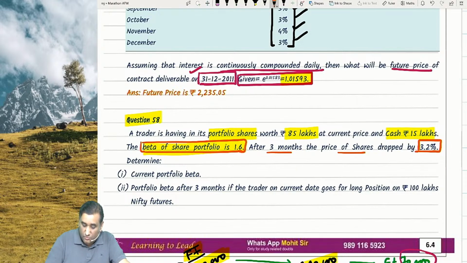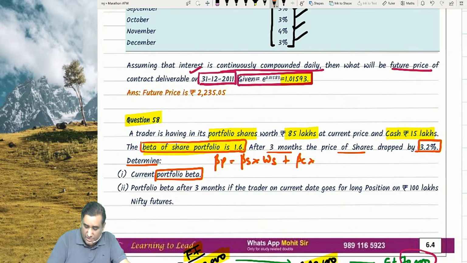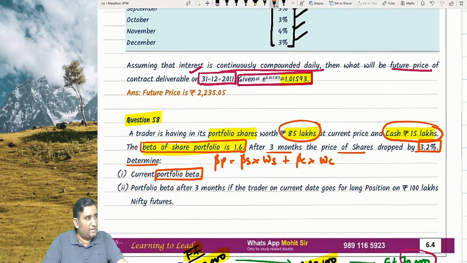Determine the current portfolio beta. It is a beta of the portfolio of shares and cash. The value of shares would be 85 plus 50. If nothing is said, of cash you'll assume zero beta. The beta of the share is 5 lakh divided by plus 0.